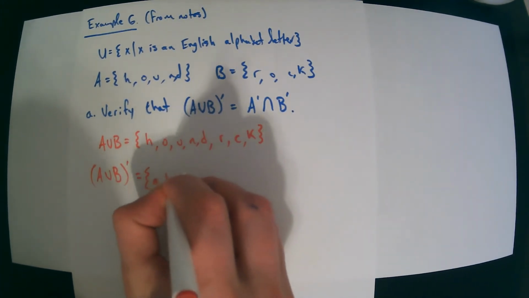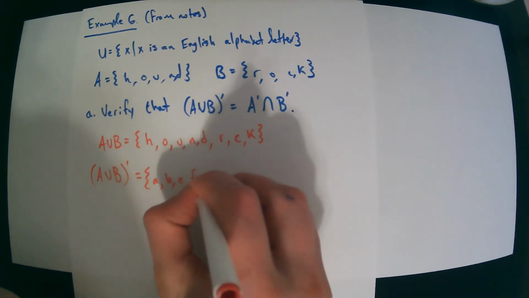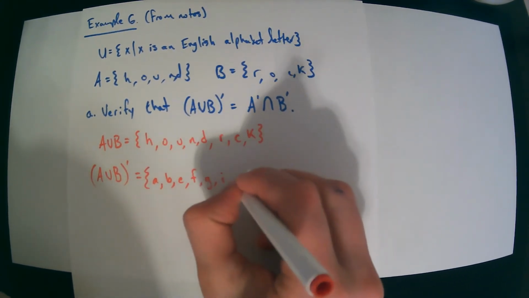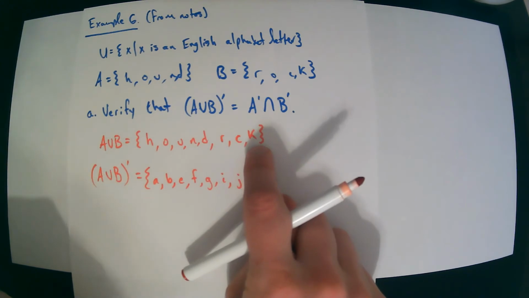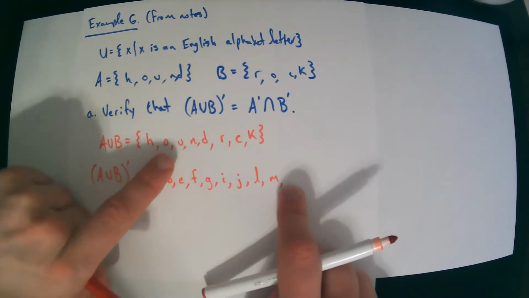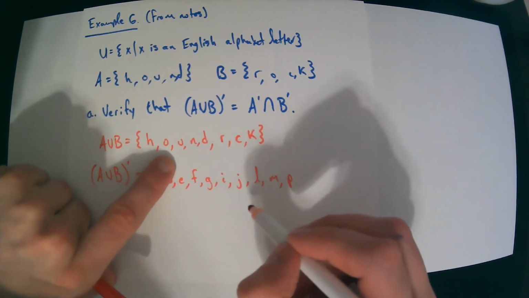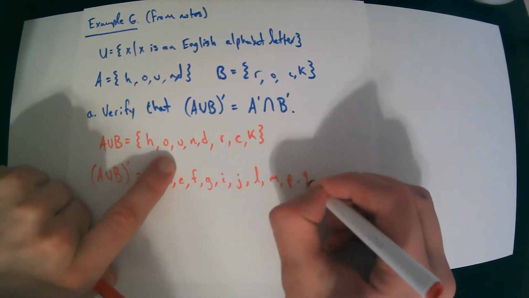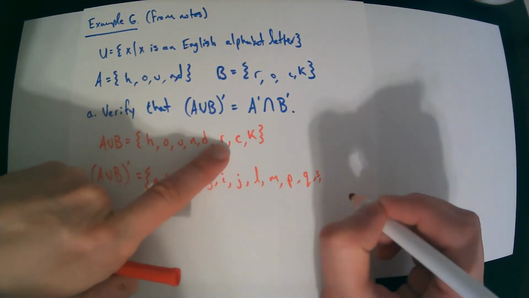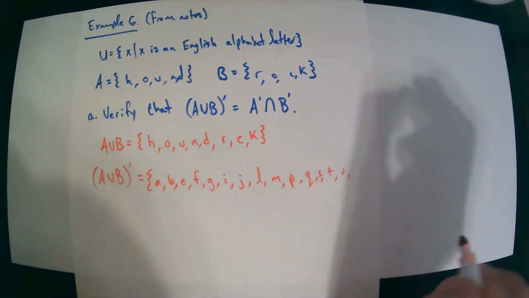A, B, C, D, E, F, G, H, I, J, K, K is there, L, M, N is there, O is there, and then P, Q, R is there, so S, T, U, V, and then W, X, Y, Z.